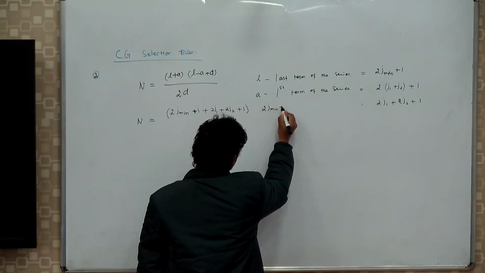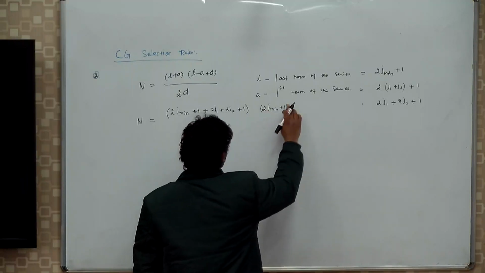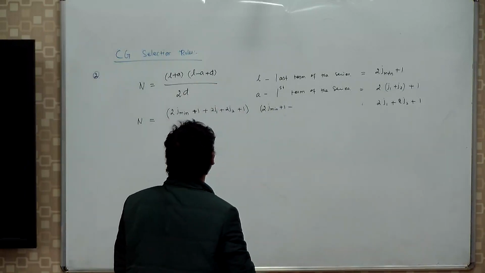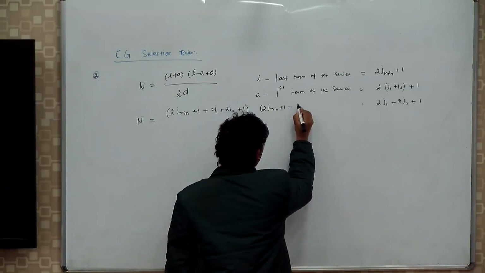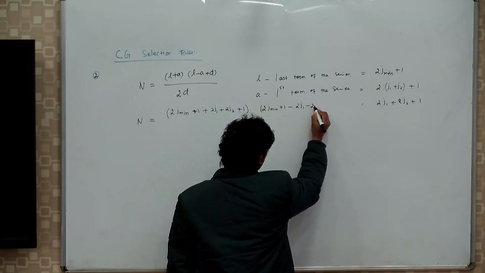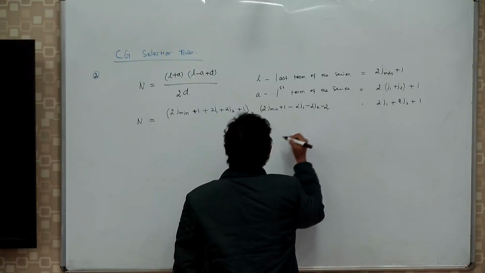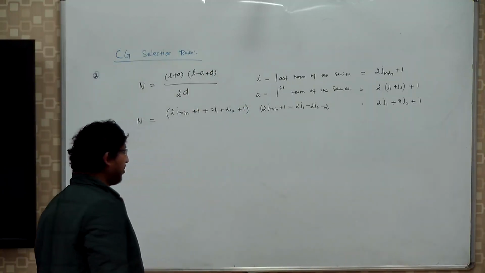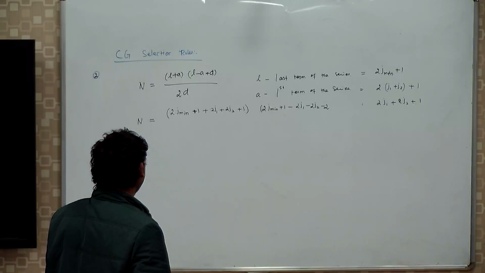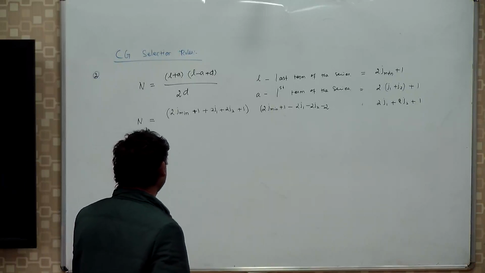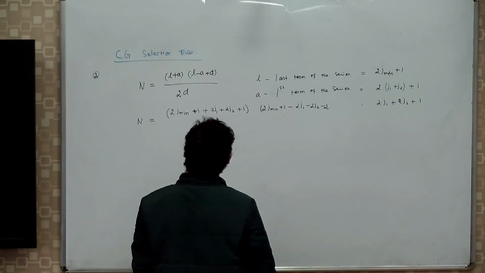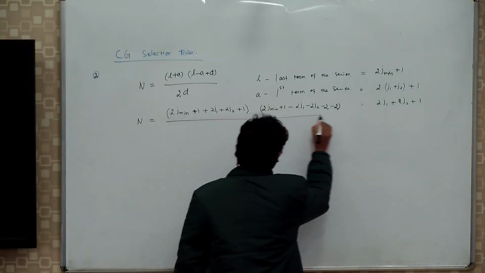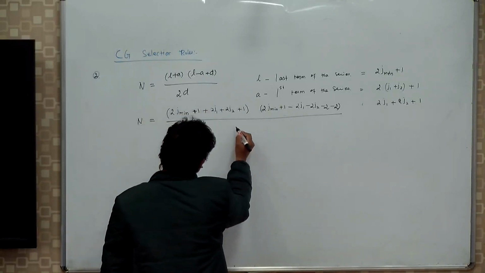Then come to here, again the last term 2j minimum plus 1, then the negative sign, and then the last term minus 2j1 minus 2j2 minus 2, then plus D, the common difference between the successive terms in that series, which is minus 2, so we write minus 2 here, then divided by 2 times the common difference.